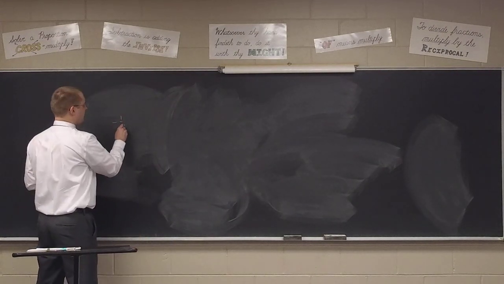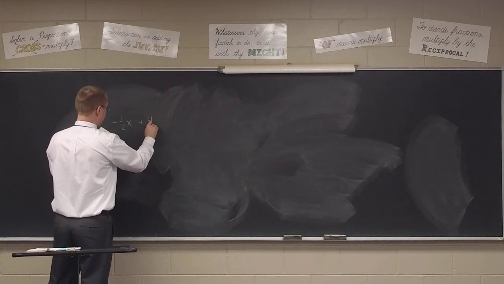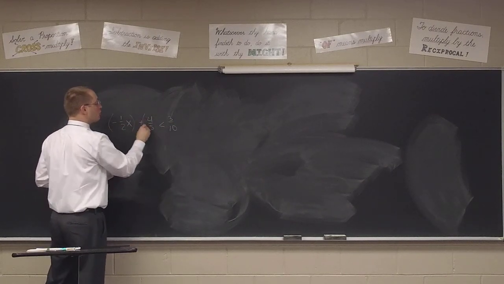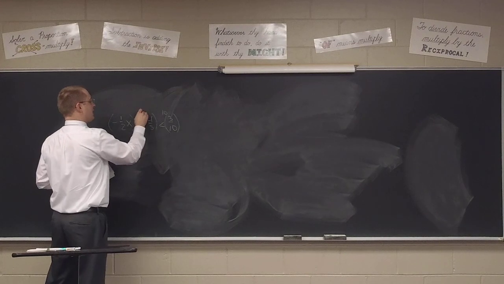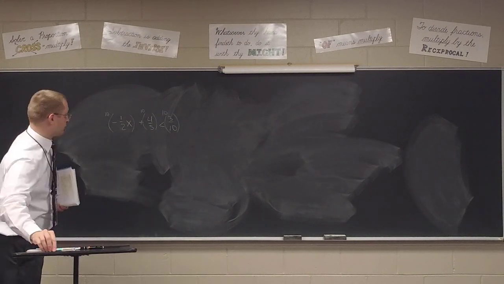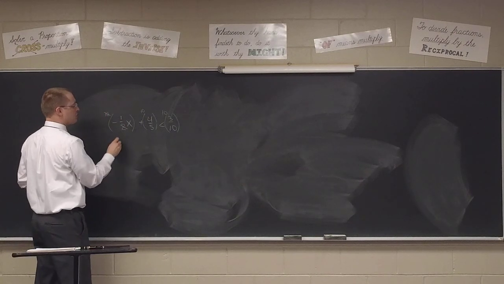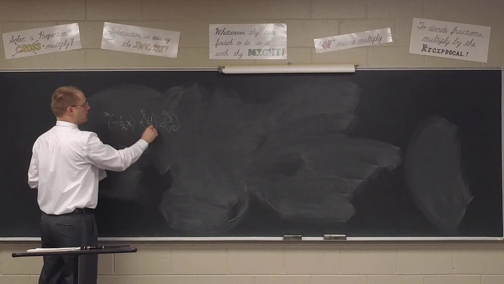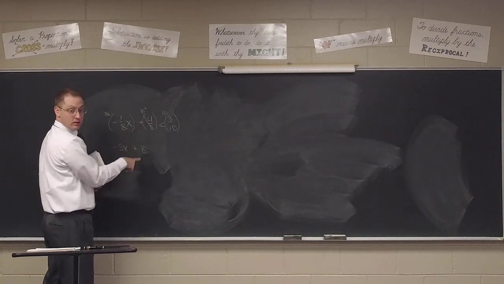We have negative half x plus 4/5 is less than 3/10. I assume you multiplied everything by 10. Is that correct? Okay, so first step was there. Now, when we canceled, did you get a negative 5x? Okay, good. Did you get a positive 8?